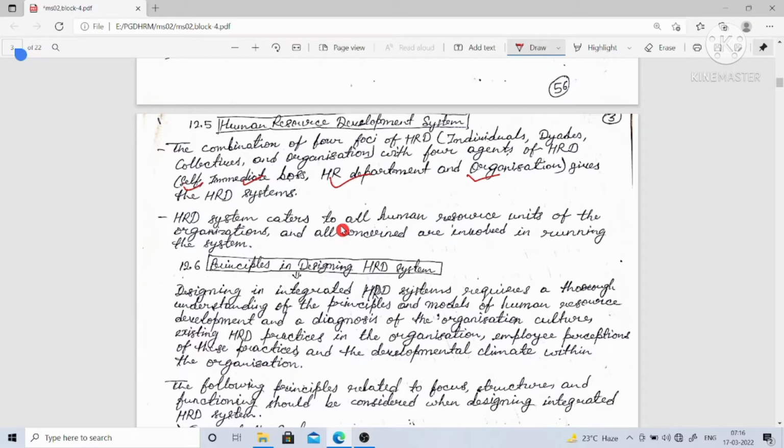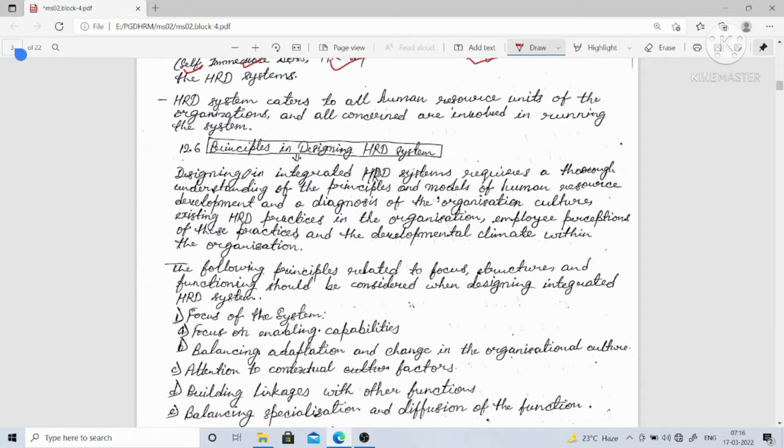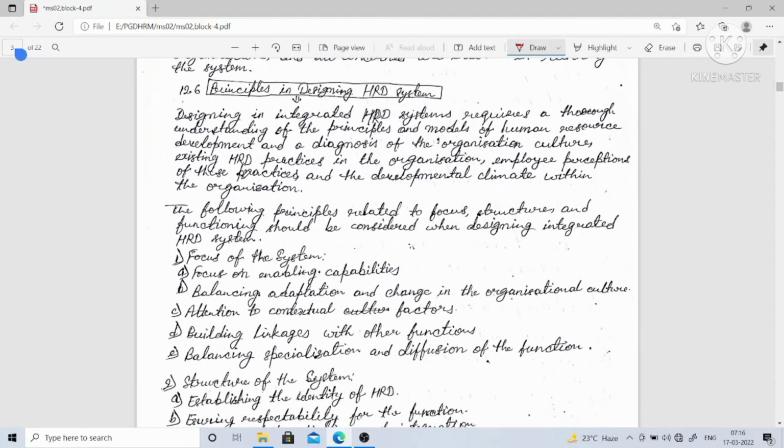So principle next given, principle in designing human resource development system. So what different principles can be used for designing human resource development system?